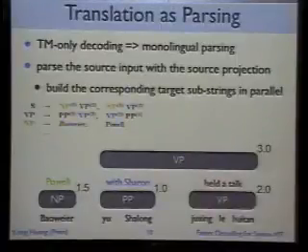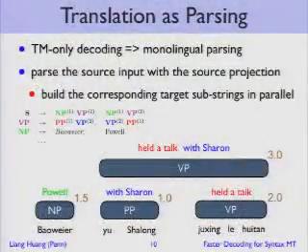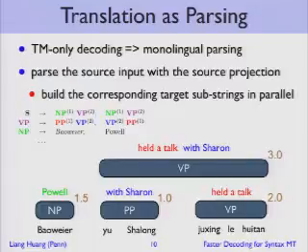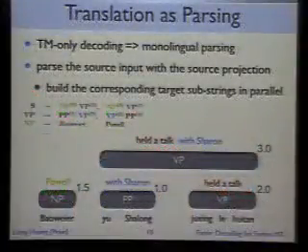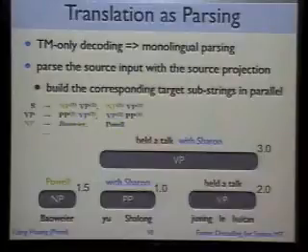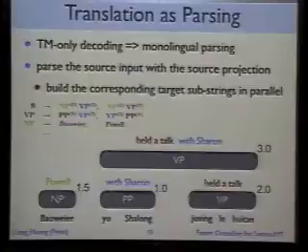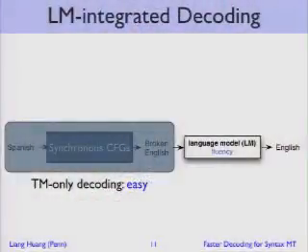Then when you combine this PP with this VP to form this bigger VP, you use this rule that swaps the word order, so you get held a talk with Sharon for this Chinese subphrase, right? So basically, it's just like monolingual parsing, but building the corresponding sub-translations at the same time. Then you get the full translation when you combine Powell with held a talk with Sharon. So this is how you do translation using synchronous CFGs.